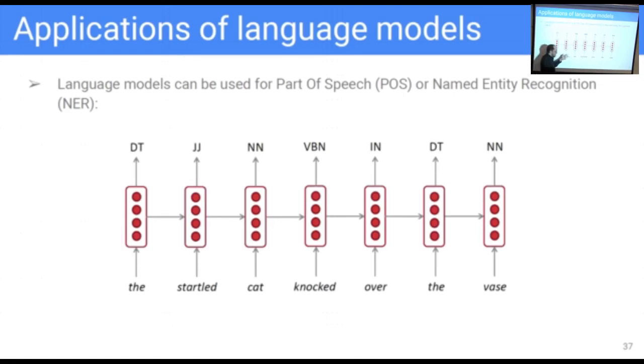You train the language model on a lot of text simply to predict the next word, and then you change the top layer, using the weights that you have obtained after training on the next word in a lot of text. You simply reinitialize the new top layer, freeze all the other weights, and then you train the top layer on a data set for your new task, like named entity recognition. And this tends to work surprisingly well.